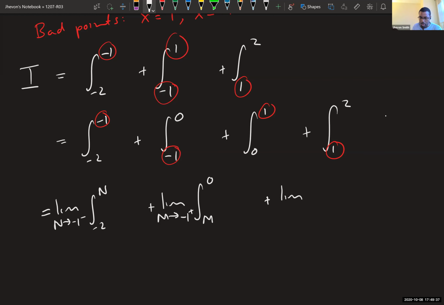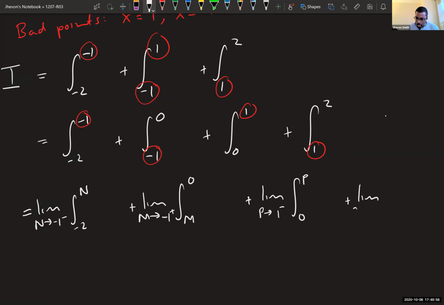Yeah, the variable you choose here doesn't really matter. P approaches 1 from the left, yeah, and then the next one would approach 1 from the right. And let's hope we have space here. Plus, say, the limit of Q approaches 1 from the right, of Q up to 2.